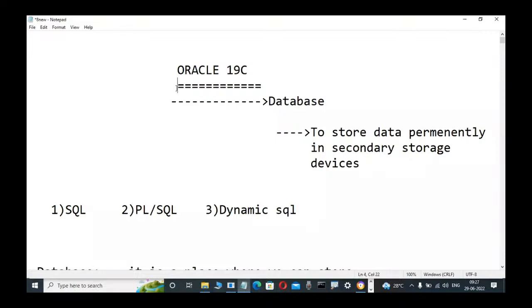What are those things? Those are non-relational databases. These, Oracle, SQL Server, DB2, Sybase, are relational databases.